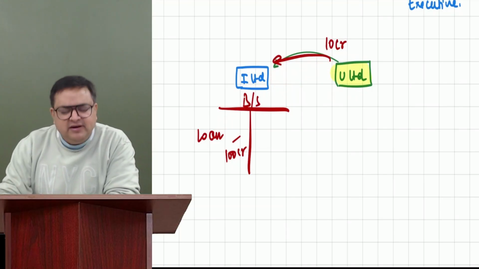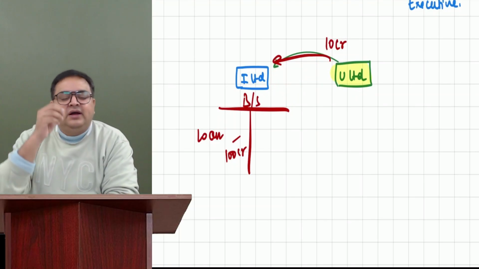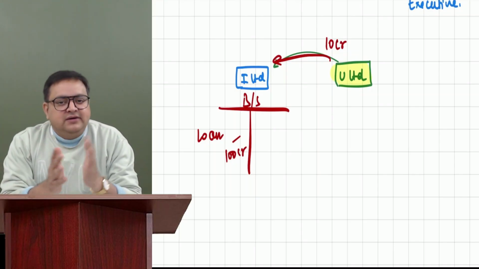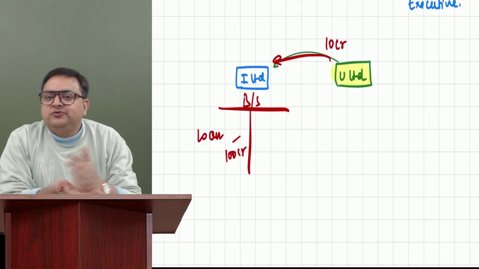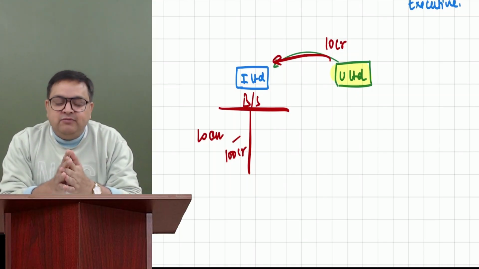Why would somebody give a guarantee for any other person? Let's say, for example, your friend is purchasing a car worth 20 lakh rupees, and the bank is saying, okay, we will give you the loan, but we need a guarantor.